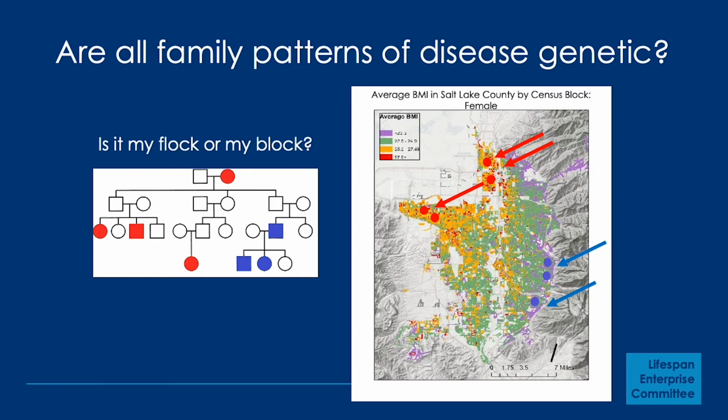If you were to only glance at the pedigree, you may assume that high BMI is genetic and travels in certain branches of the pedigree, and low BMI may be genetic and brought in by an outside family member. However, when you combine this information with information on residential history, you can see that this story may be much more complex, with environmental exposures leading to the familial patterns that are displayed on the pedigree.